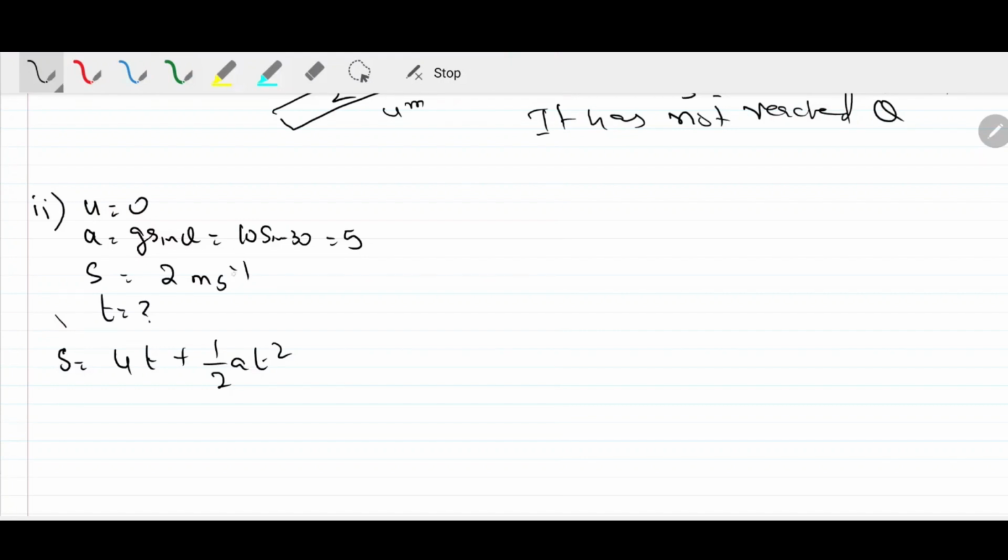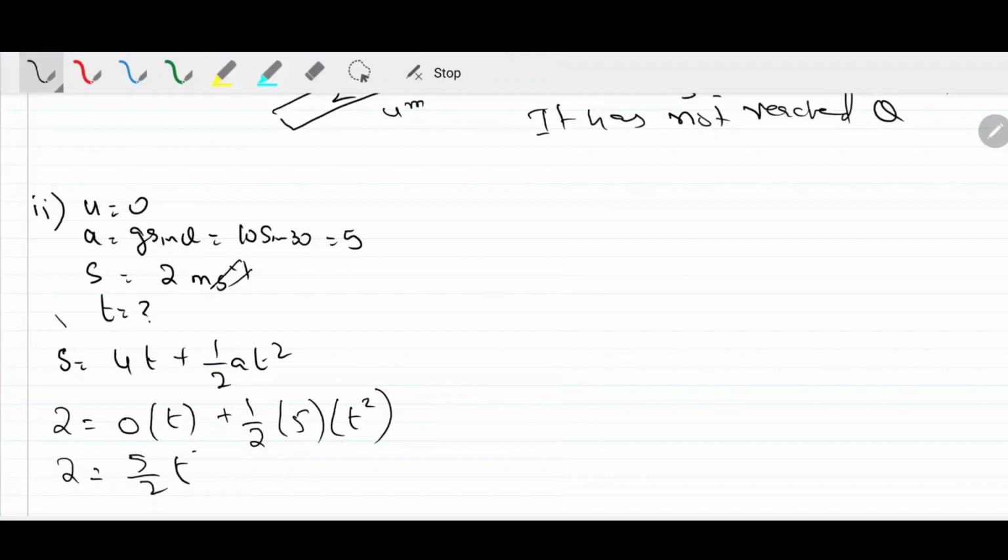S is 2 meters, u is 0, time I don't know, plus half a, which is 5, t squared. 2 is 5 upon 2 t squared. T squared is 4 upon 5. T is the square root of 4 upon 5. So it takes 0.89 seconds to reach the bottom for particle A.